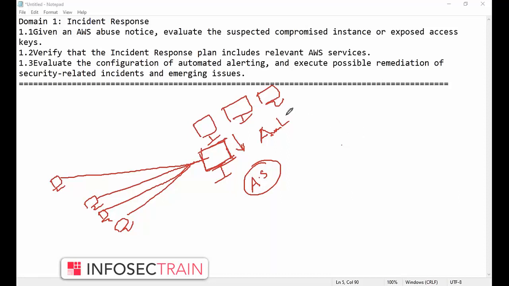Based on the logs, you will whitelist or blacklist. For example, if I'm getting requests from multiple IP addresses, I can blacklist them in some service, so the DDoS attack can stop immediately.